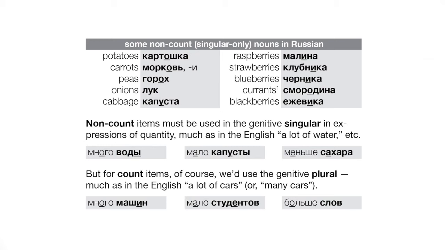Peas, carrots, right? Okay, now some berries: malina, klubnika, chernika, smorodina. Smorodina, you can have black currants and red currants in Russian. They're really tasty. I'm sure some of you may not even know what that is. I think most probably do, but there's kind of an interesting story there if you want to Google it, that these currants, let me see if memory serves.